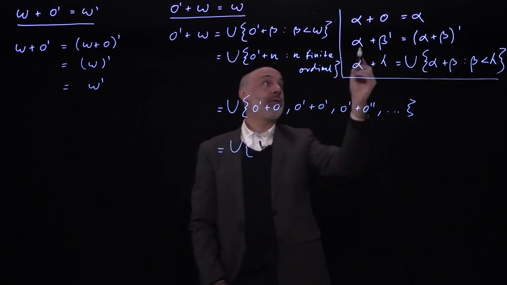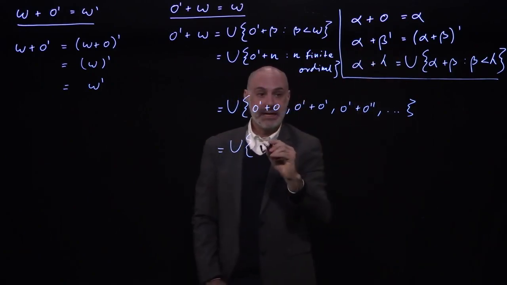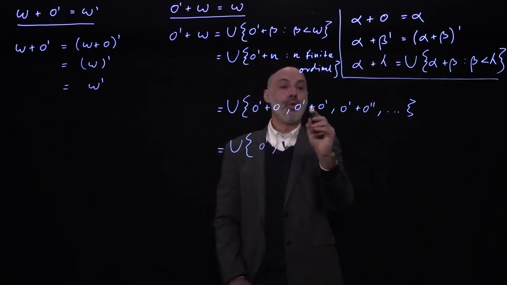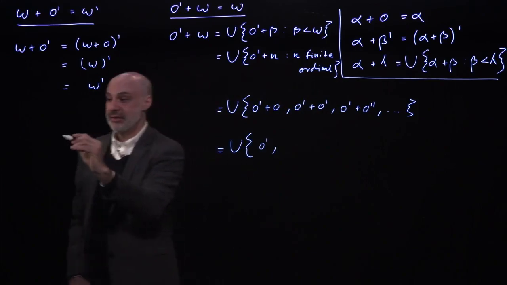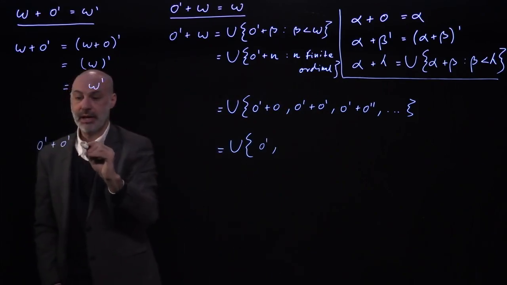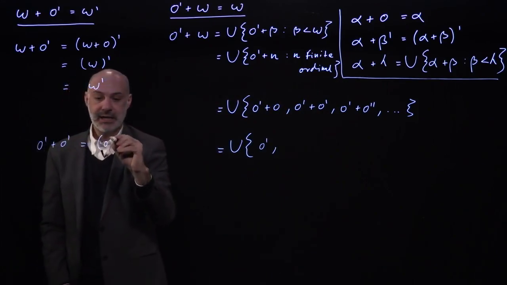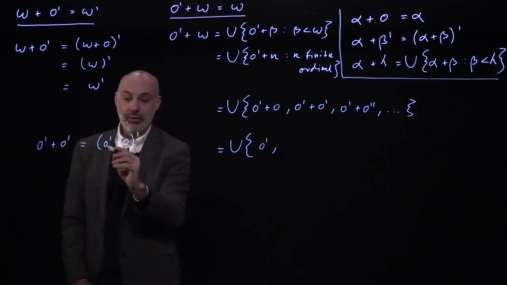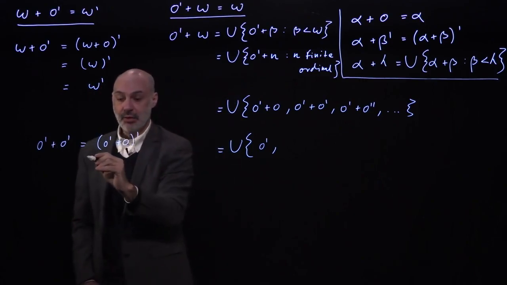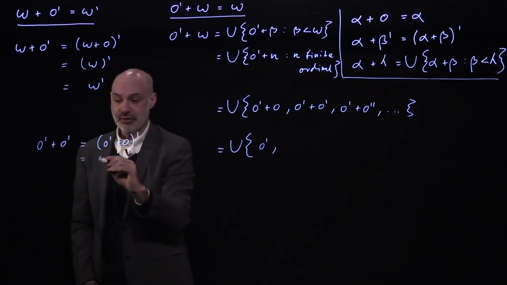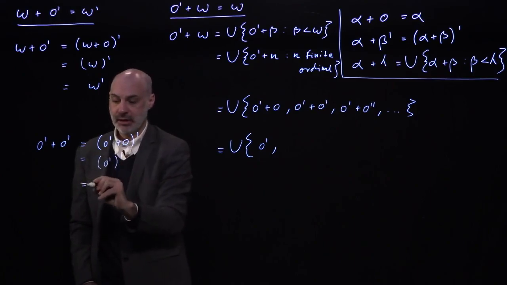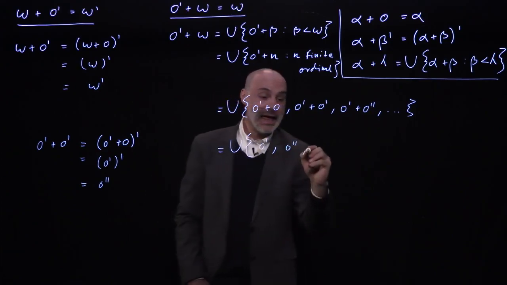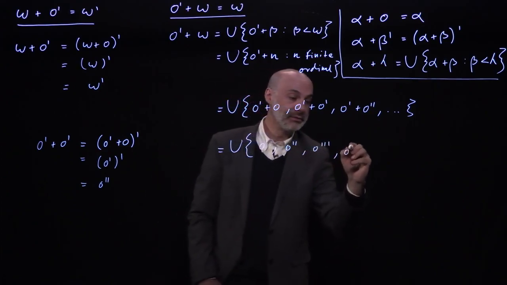So 1 plus 0, by our first identity, is just 1. 1 plus 1, we can do it here, by our second identity, is 1 plus 0 prime. But we know by the first identity that 1 plus 0 is just 1. So we get 0 double prime, and so forth.